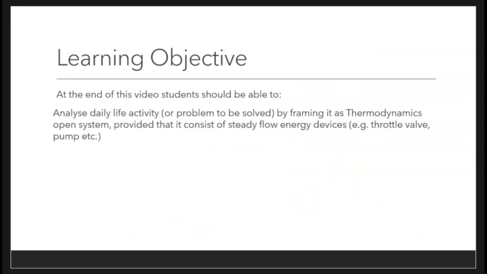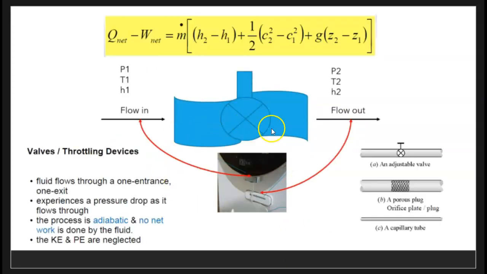So what can we conclude from this video? We look back at the learning objectives, where we have to be able to analyze our daily life activity and frame it as a thermodynamic open system, as what we have done here, right? You frame this water dispenser as a throttle valve, and this is actually an open system.